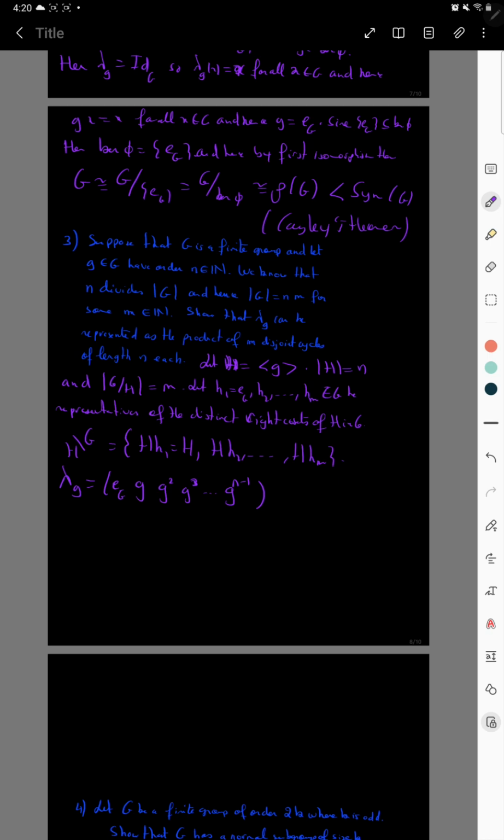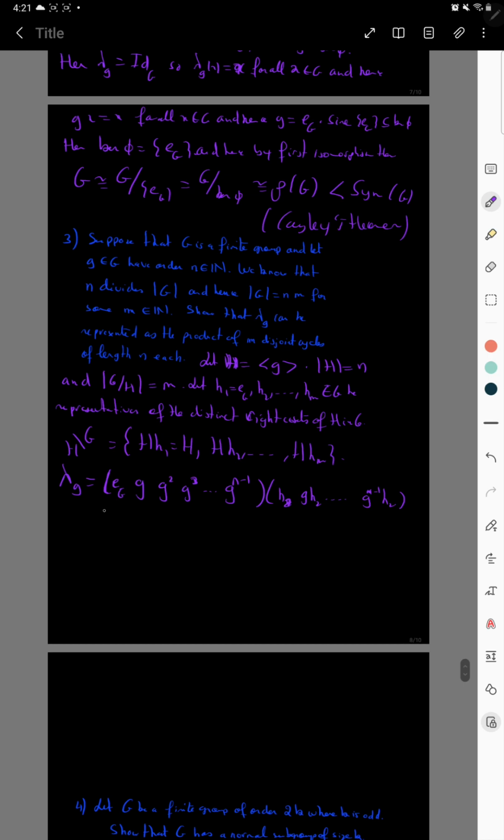Great, now I pick an element that does not appear in here. Well, I start with h2. Where does h2 go? It goes to gh2. I repeat the same thing, up to g^(n-1)h2, and when I multiply it by g on the left, it will go to g^n h2, which is h2. So this is a cycle.